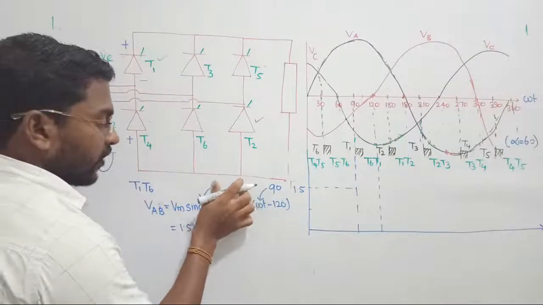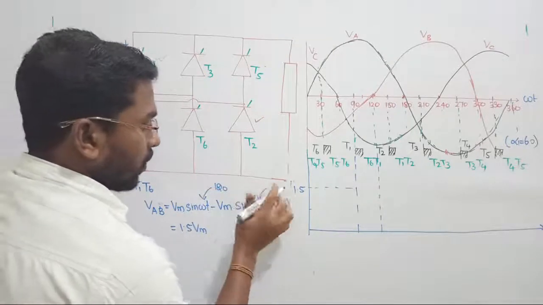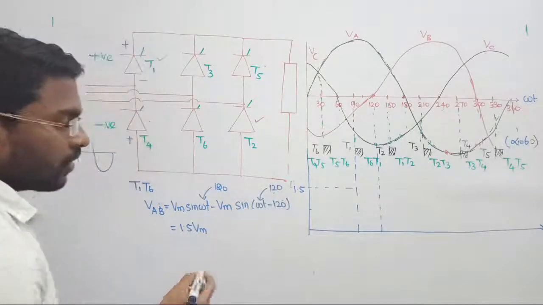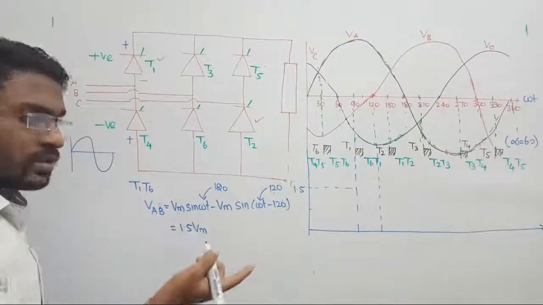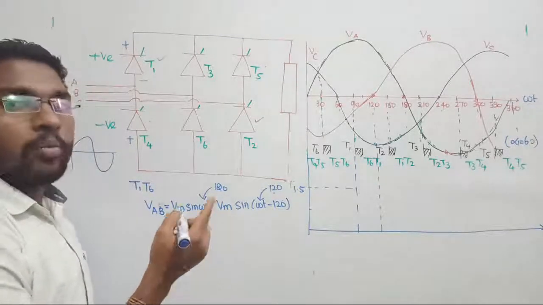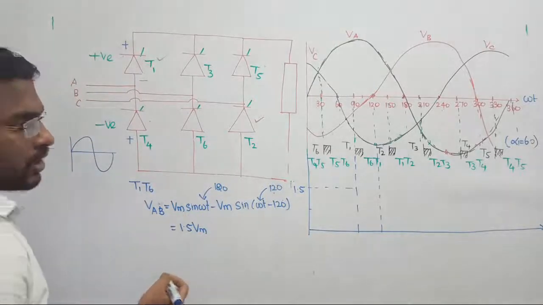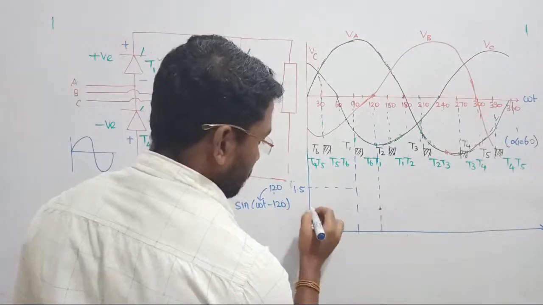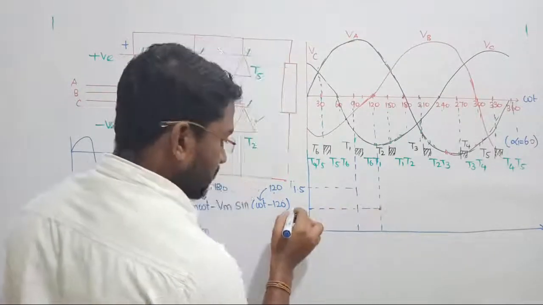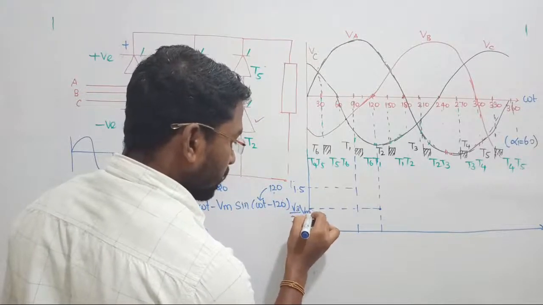If I replace omega t with 120, then 120 minus 120 becomes 0. Just now we saw sin 120 equals 0.866, that is root 3 by 2. So at this point we are going to get 0.866. It will be reduced to 0.866 somewhere. So this value is root 3 by 2 times Vm.